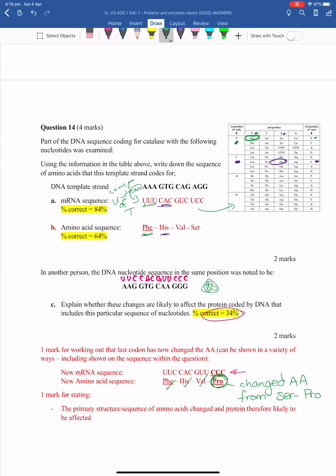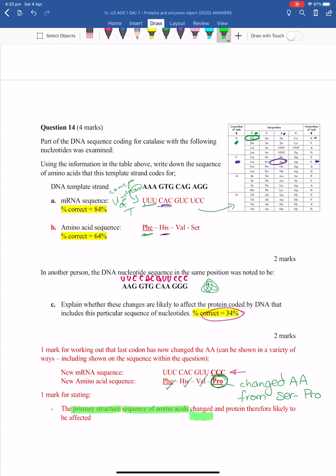You could have done that somewhere else. I looked at the whole question to see whether or not you could show me that that last amino acid had changed. So that was 1 mark for identifying that the last amino acid had changed. Now, you could, without doing that, have got the 2nd mark. The 2nd mark was for telling me that the primary structure or the sequence of amino acids has changed.